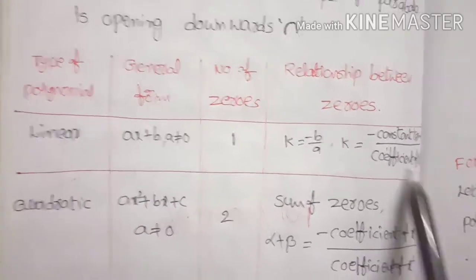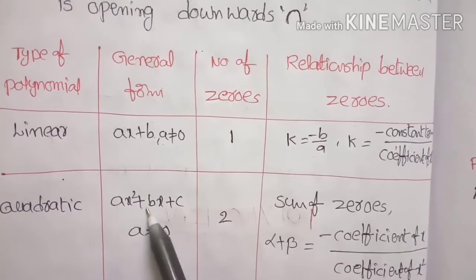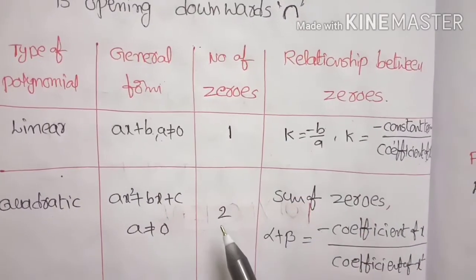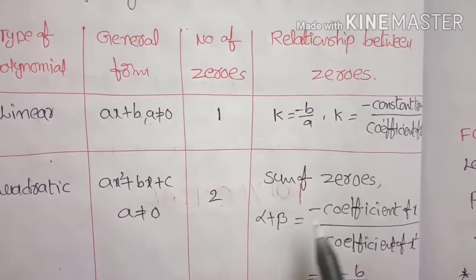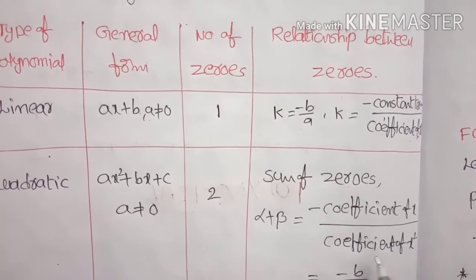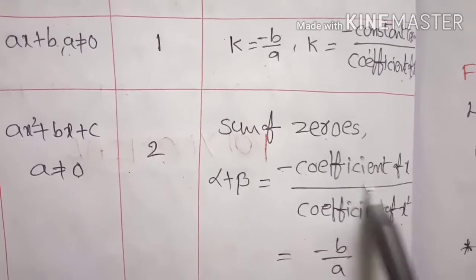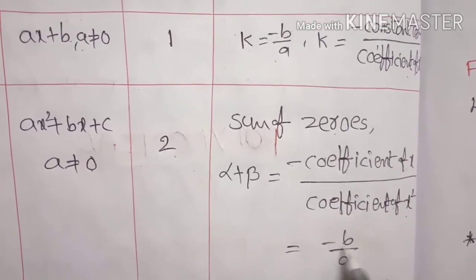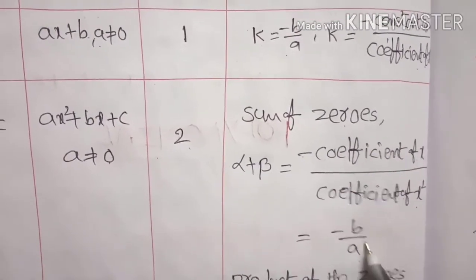Next one, quadratic polynomial. What is the general form? ax square plus bx plus c, a not equal to 0. Number of zeros? 2. Sum of zeros, alpha plus beta, is equal to minus coefficient of x by coefficient of x square, that is minus b by a.